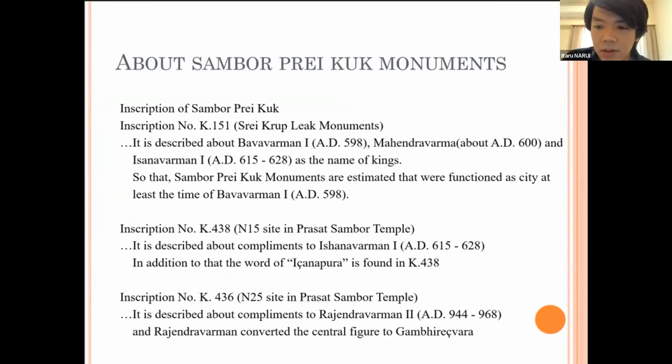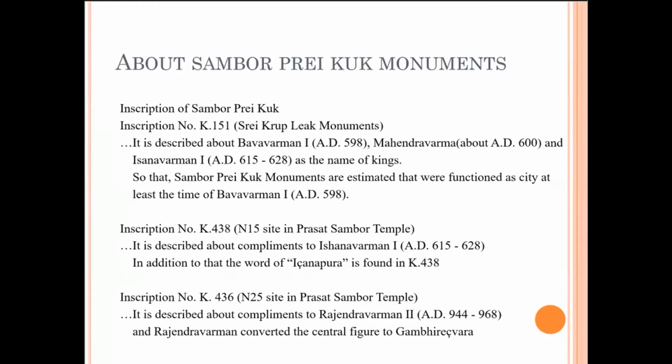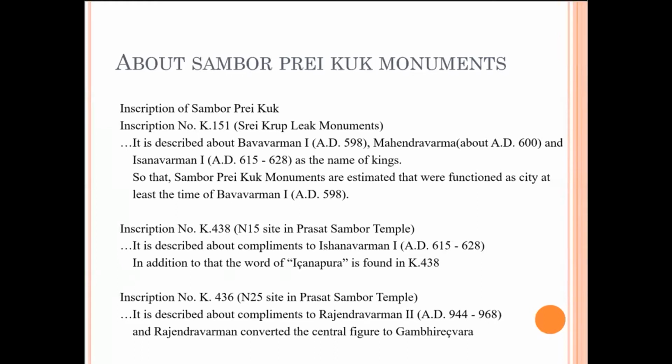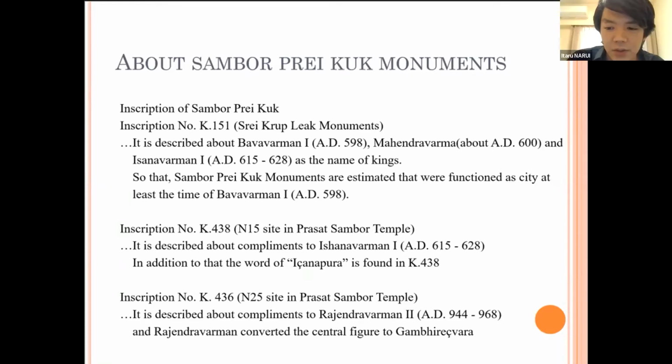For example, in inscription number K151, Bhavavarman I, Mahendravarman and Ishanavarman I are described as names of kings. So Sambor Prei Kuk monument is estimated to have functioned as a city at least from the time of Bhavavarman I. And inscription number K438 describes complements to Ishanavarman I.